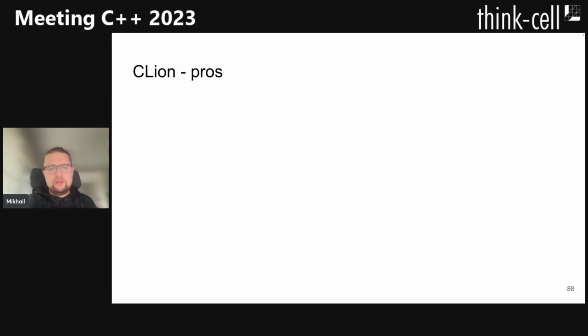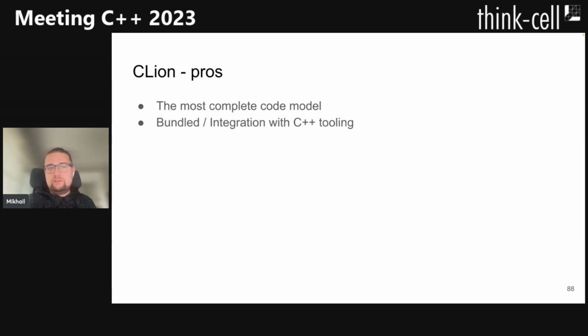And quickly about CLion. In my opinion, this is the most complete code model. It knows so much about your source code, and it can tell you so much about your source code. I have not seen better, it's one of the best in my opinion. I would also say it's bundled with integration with C++ tooling, which is quite nice. Then you don't really need to think about it.